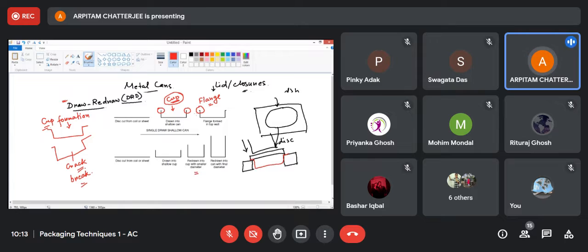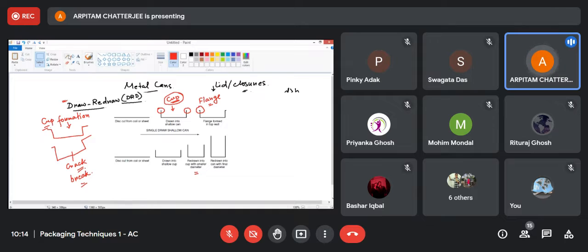Okay, and this flange formation must happen at the end of it. So I am just giving you a bit clearer picture for understanding. So first, say for example, this is a kind of die you have, and on this die you are keeping this metal over here, and you are giving a pressure onto it.